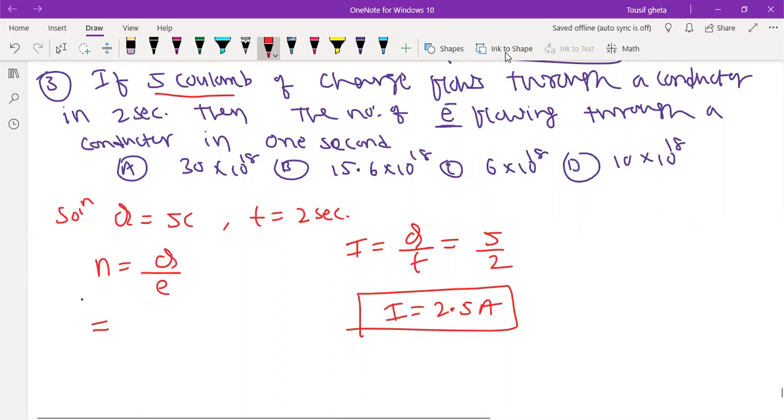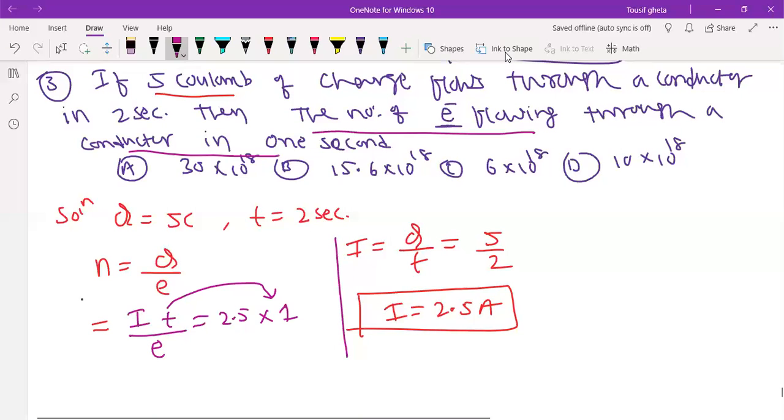So now this Q we will write as I t by e. I is 2.5 and this time is 1 second. Number of electrons flowing through the conductor in 1 second. This is nothing but 2.5 divided by 1.6 into 10 raised to minus 19.